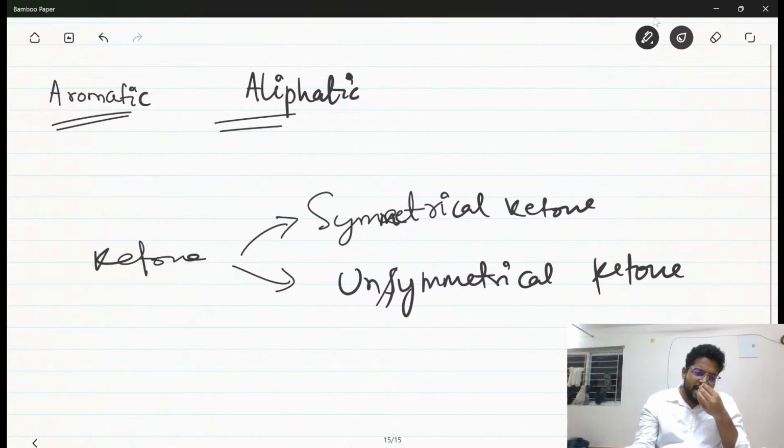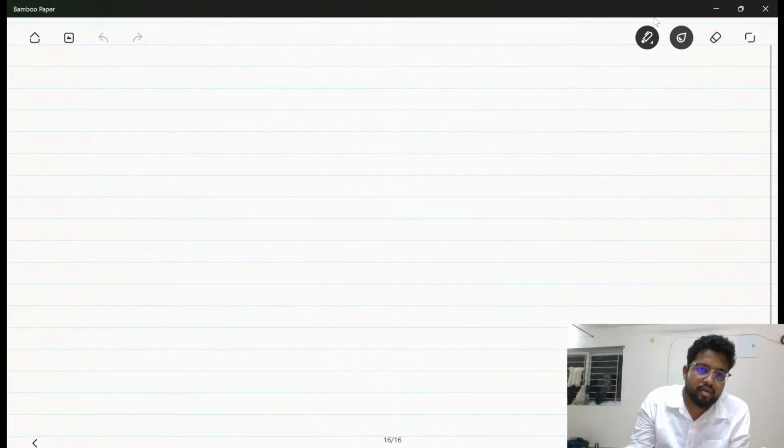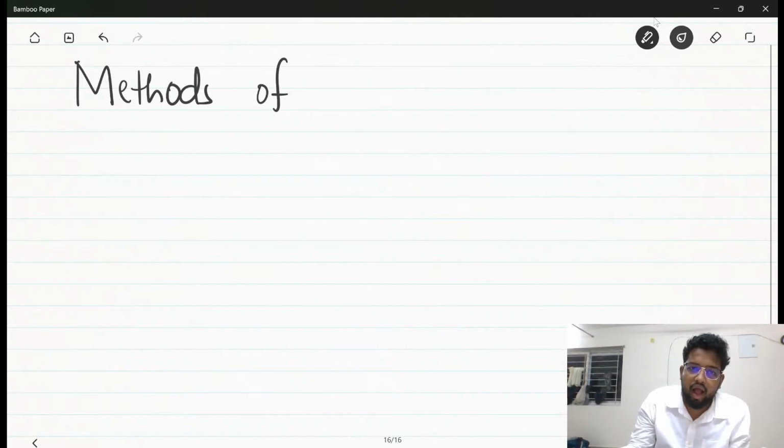So let's see one by one how they will affect the methods of preparation. So write down methods of preparation.